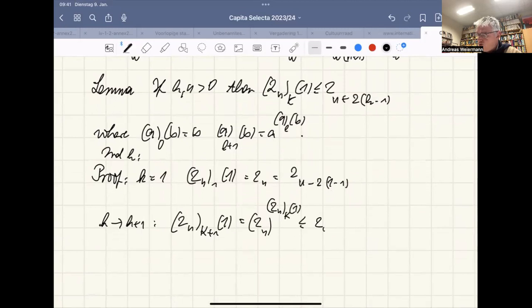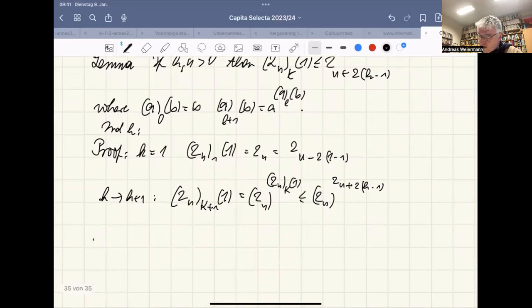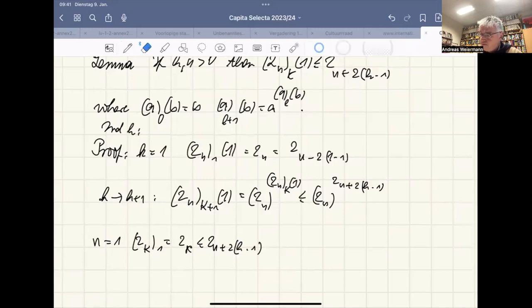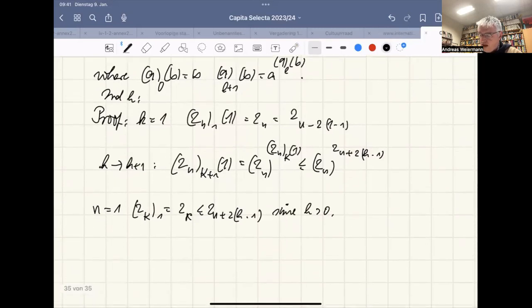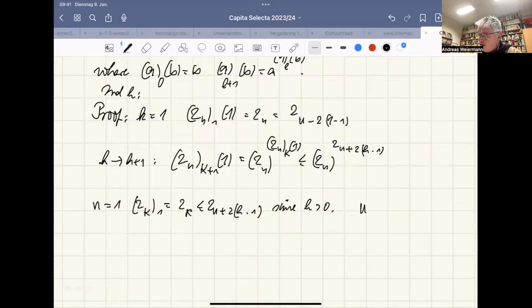Bounded by induction hypothesis by 2n, and then exponent we have 2n plus 2k minus 1. Now, if n equals 1, the claim which you want to show is already trivially true. 2k of 1 is 2k bounded by 2n plus 2k minus 1, since k was bigger than 0. So we assume that n is bigger than 1.